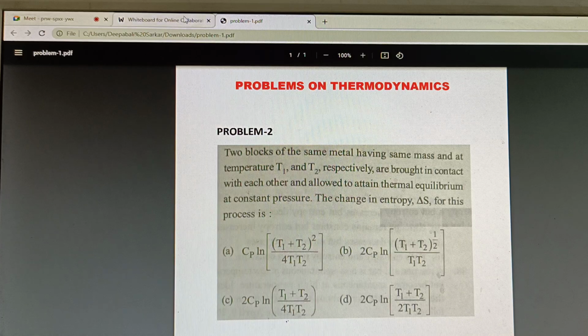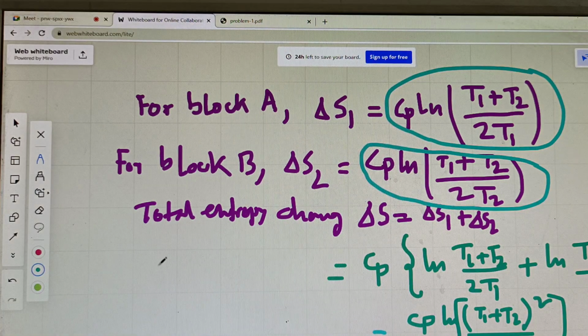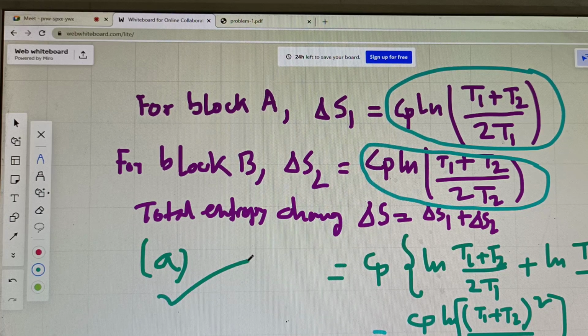Okay, so this is option A. So option A is the correct option.